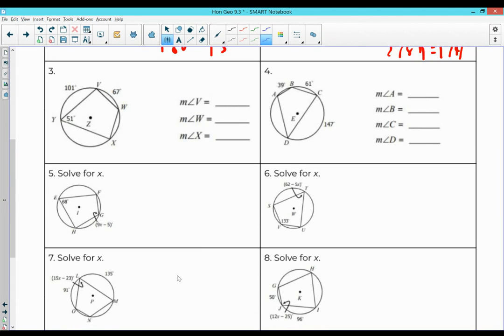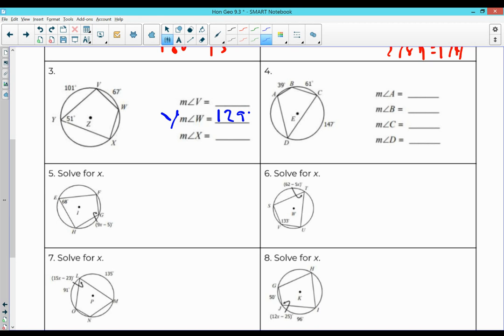Okay, number 3. W is probably the easiest one to find first. 180 minus 51. So that's across from Y. So we do that, we get 129. Now we have these other arcs to figure out.